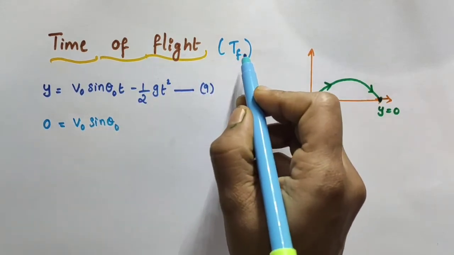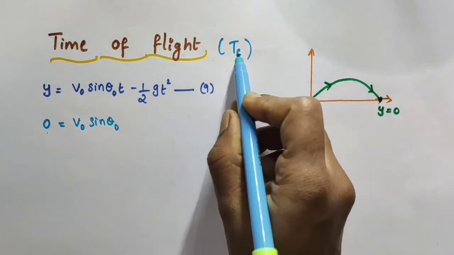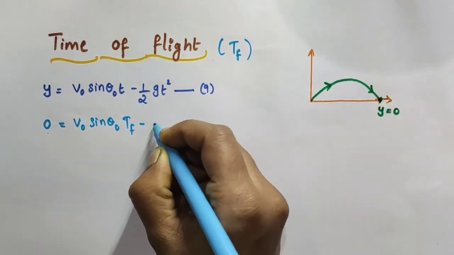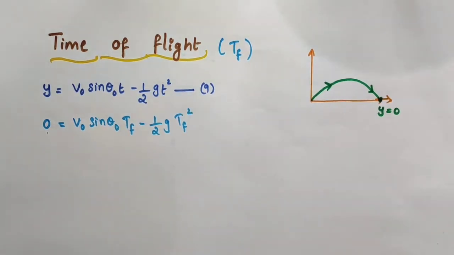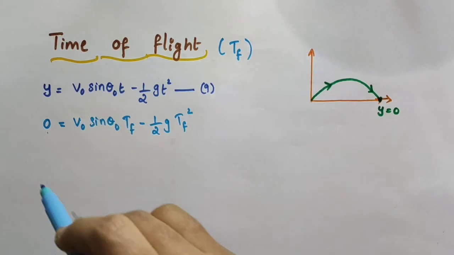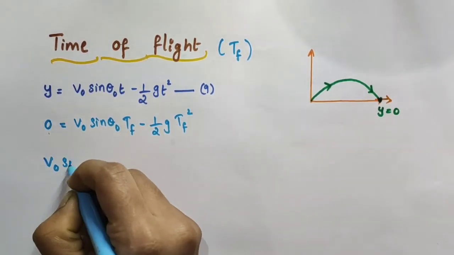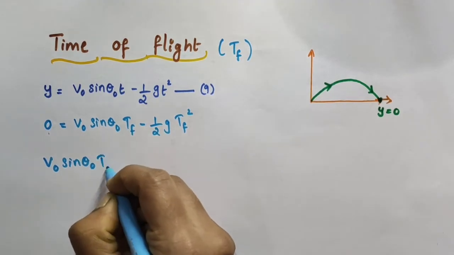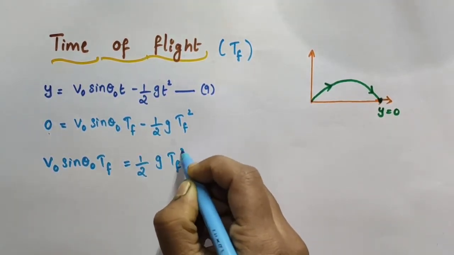When y equals 0, the corresponding time is the time of flight tf. So tf minus half g tf square. Now taking this minus half g tf square to the other side of the equation, it becomes plus. So we can write V0 sin theta 0 into tf is equal to half g tf square.